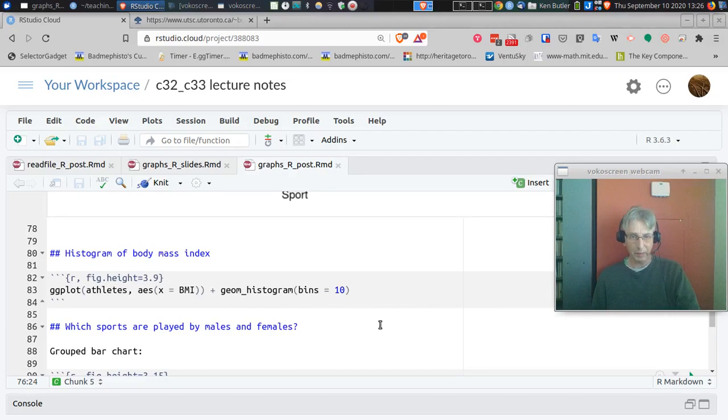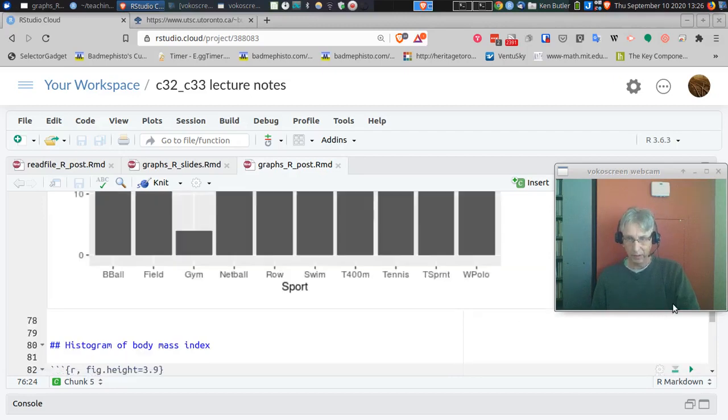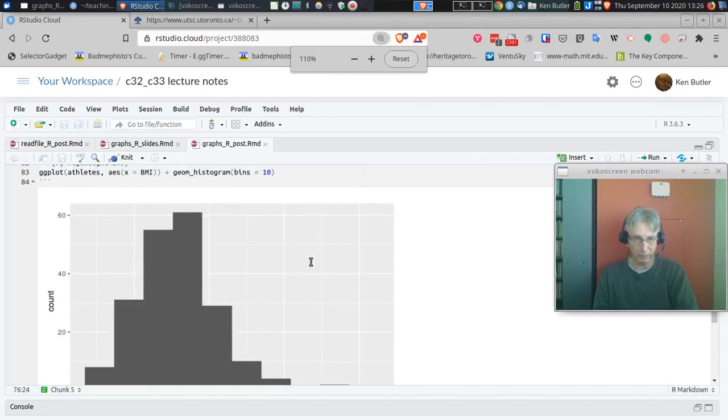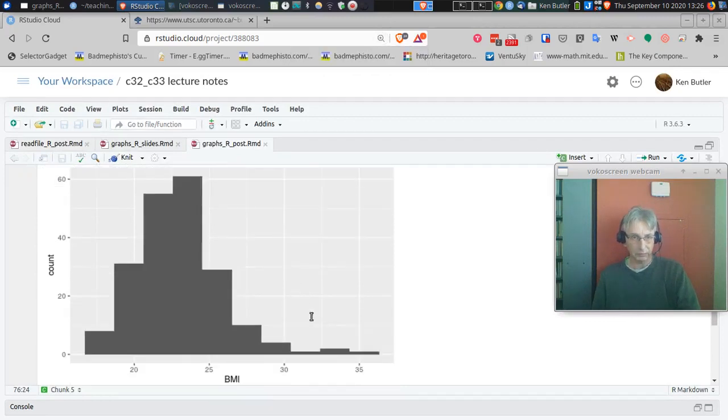And I'll talk about the bins thing in a minute. So let me run that. And I'm going to have to shrink this to get you to see it. So this is going to be extremely annoying. And here's the histogram. Here are the values of BMI.